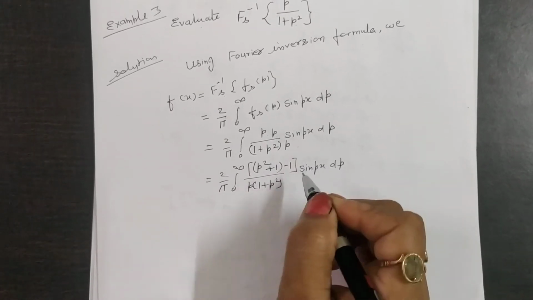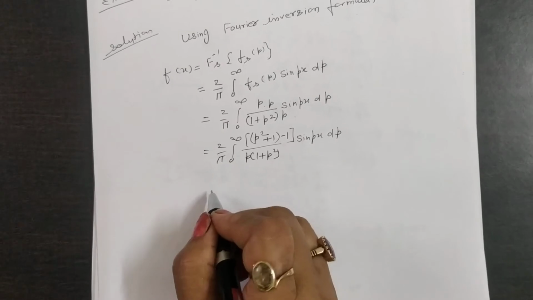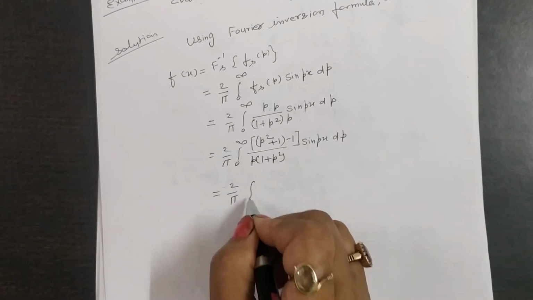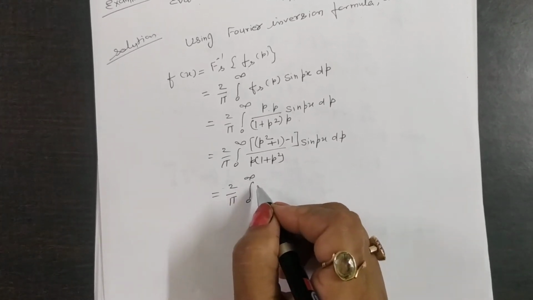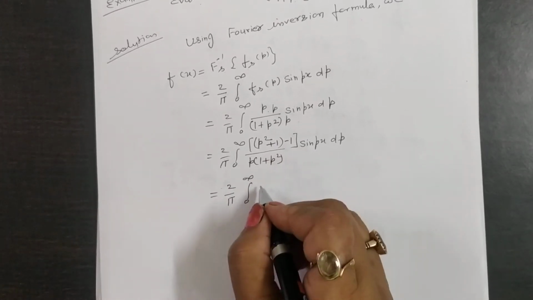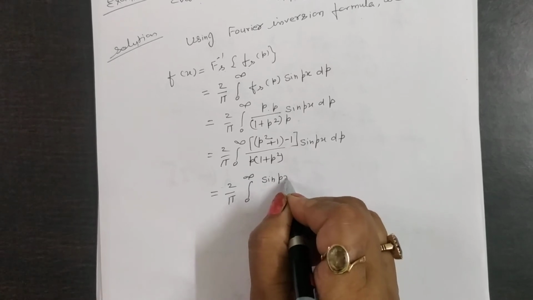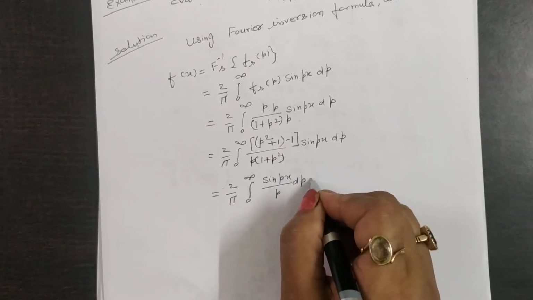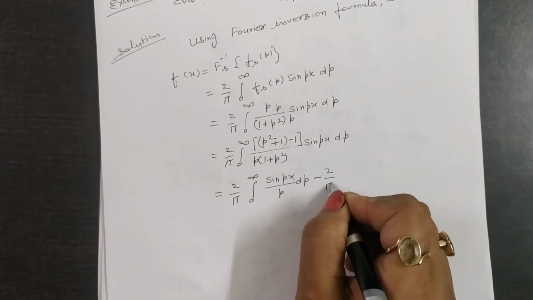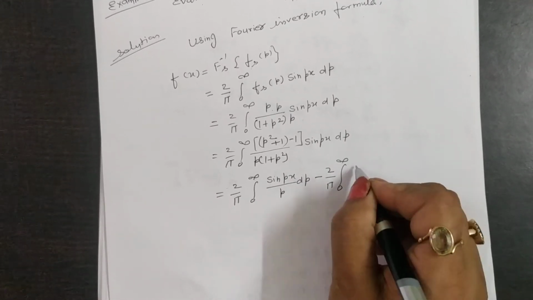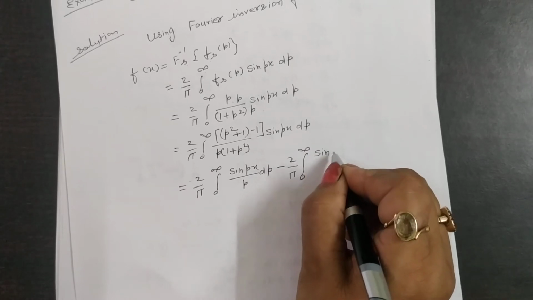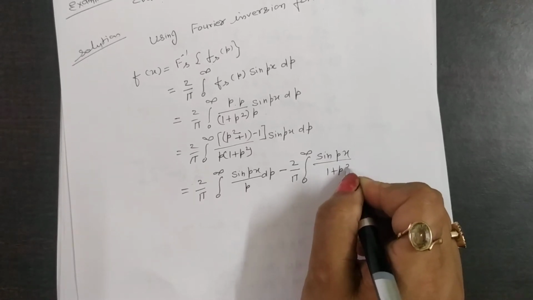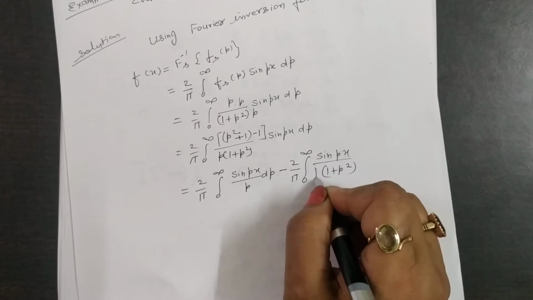Now dividing the two terms, this becomes 2/π ∫ from 0 to ∞ of sin(px)/p dp, minus 2/π ∫ from 0 to ∞ of sin(px)/(p(1 + p²)) dp.